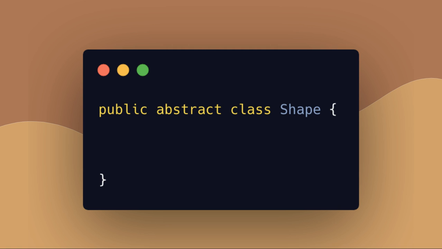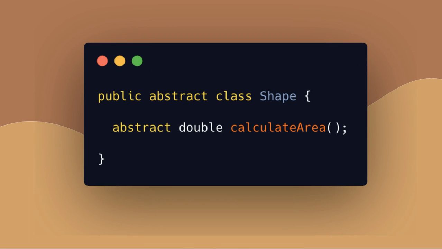It can specify perhaps some general behaviors that a type of shape would have, but it's too abstract of a concept to actually define what that behavior should be. So this class cannot be instantiated, but its purpose is to serve as a parent class for more specific subclasses to extend from. And an abstract method has no body.